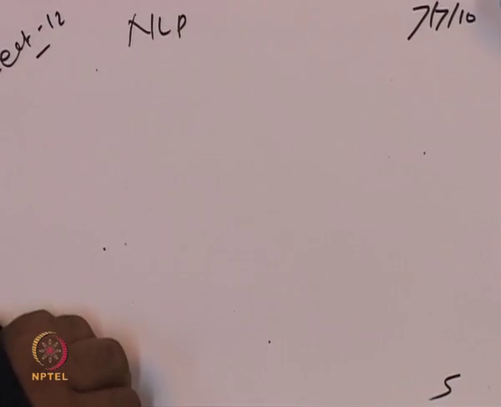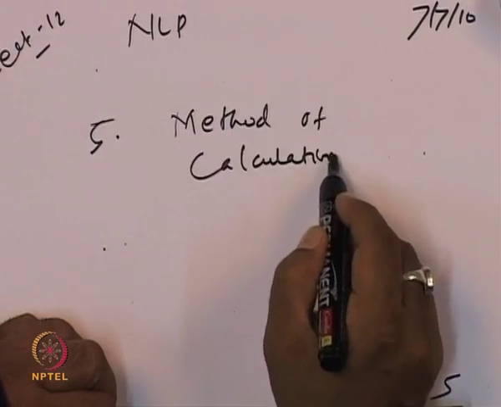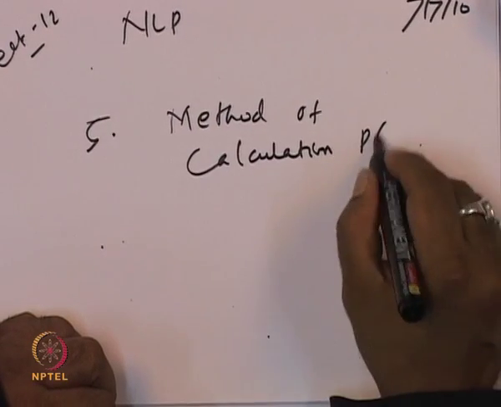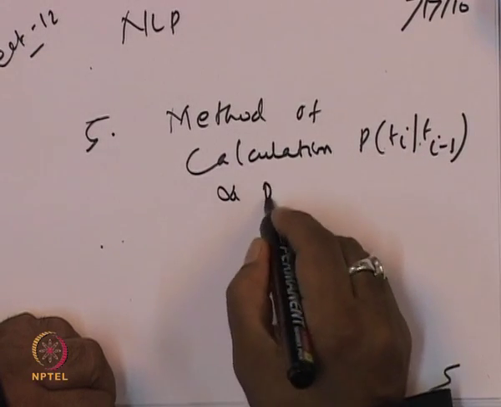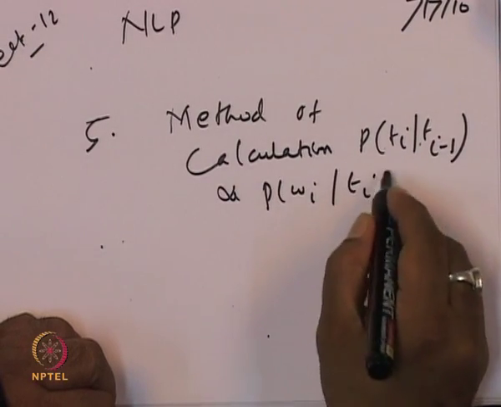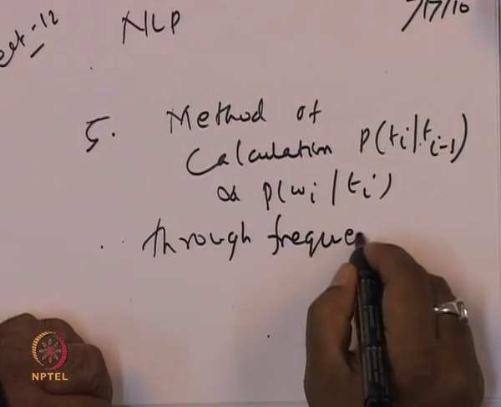All right. We have also done the method of calculating P(t_i given t_(i-1)) and P(w_i given t_i) through frequencies.